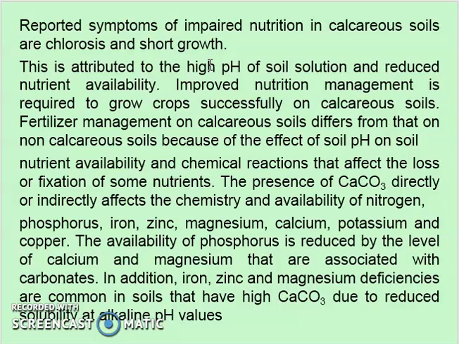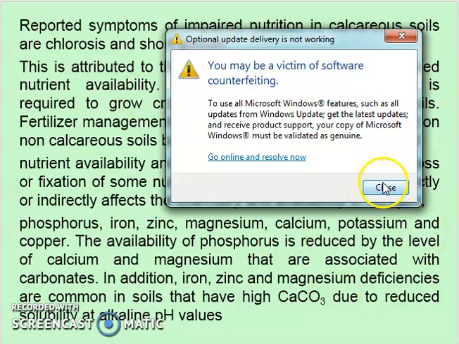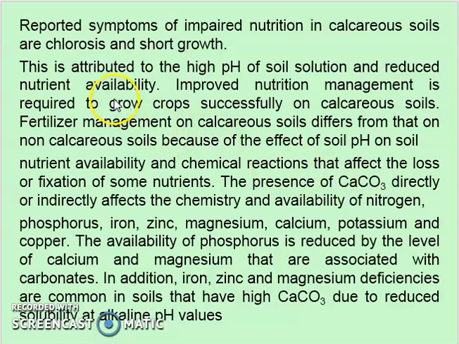Why? Because there is a problem in the availability of most nutrients applied to this type of soil. This is attributed to the high pH of the soil solution, which reduces nutrient availability. Improved nutrition management is required to grow crops successfully on calcareous soil.